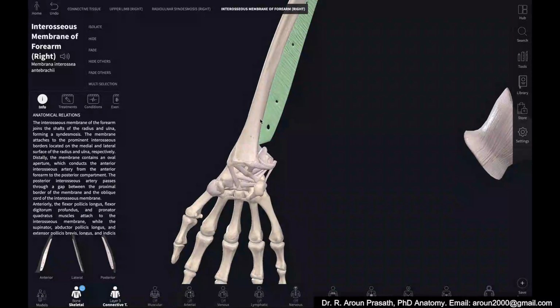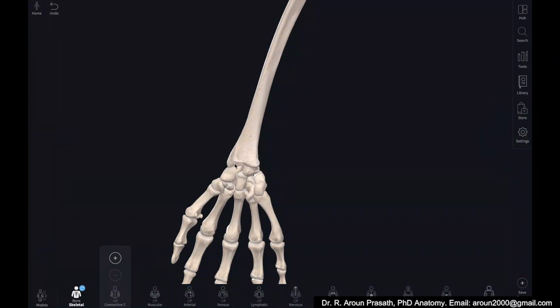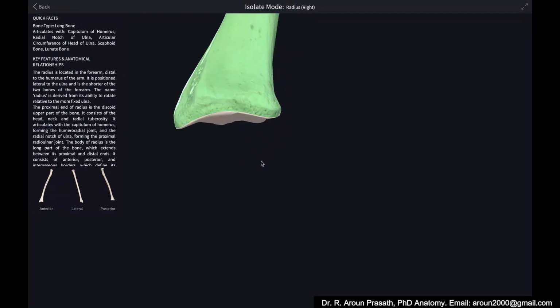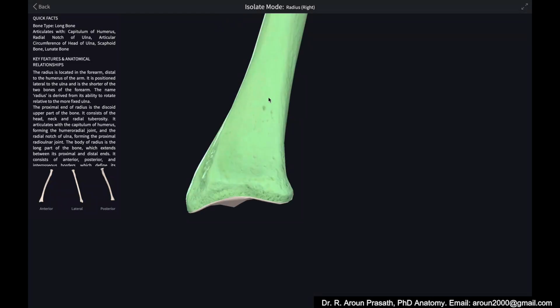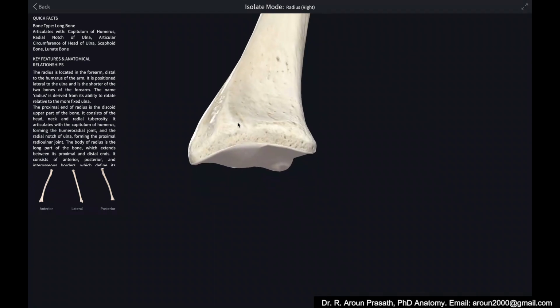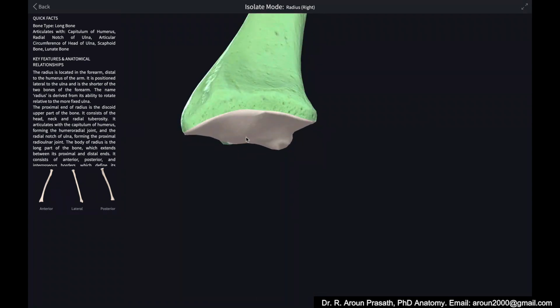Coming to the lower end of the radius, if you look at the inferior surface, you divide this area into two. One area is the quadrangular surface and the other area is the triangular surface.